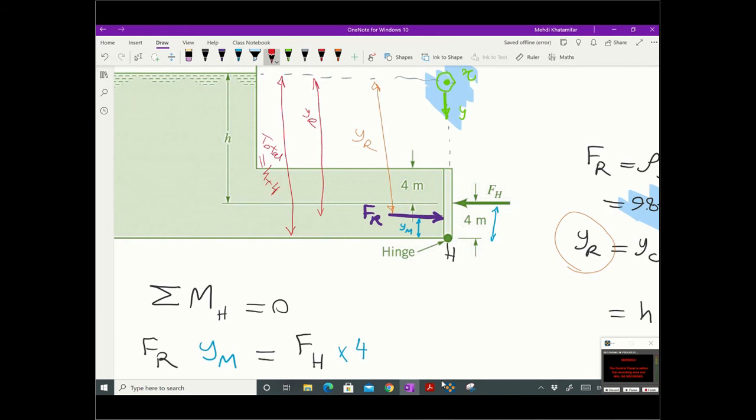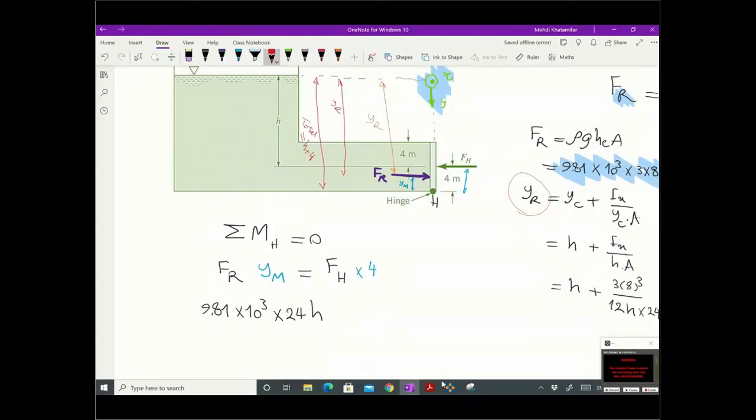So I'm going to write here, total is h plus 4 meters minus yr. Yr is, let's write yr, and this is going to be equal to 355 times 10 power 3 times 4. So let's simplify this distance. It is going to be h plus 4 minus 5.33 divided by h, minus h. So I can cross out this h, so it's going to be just 4 minus that value.